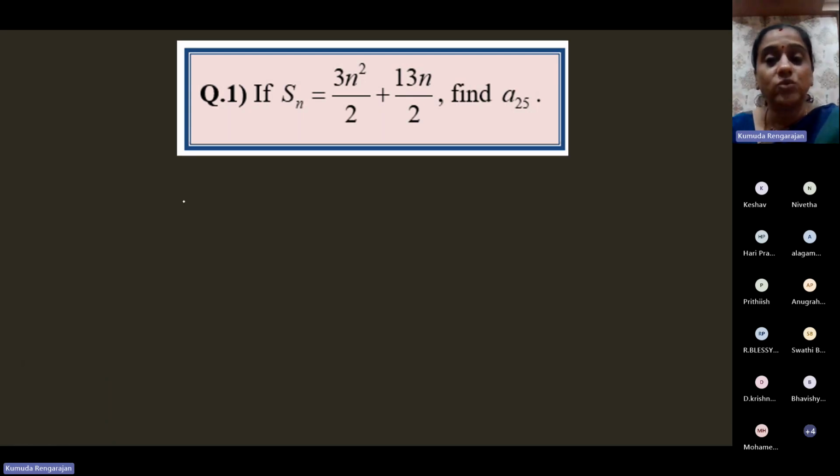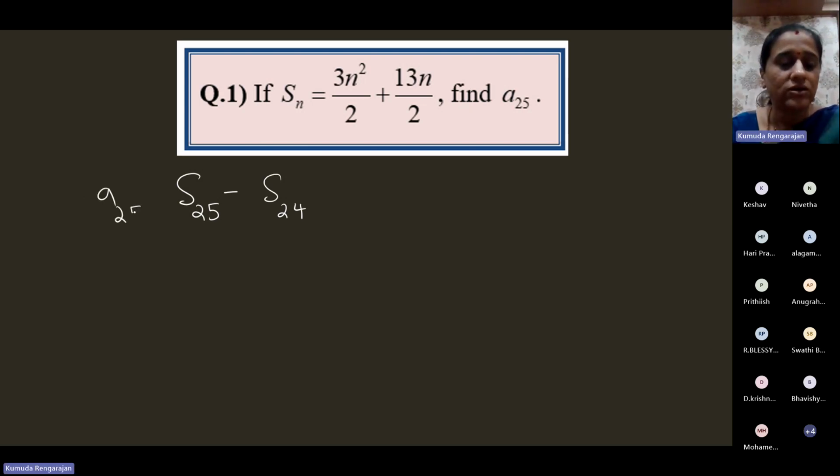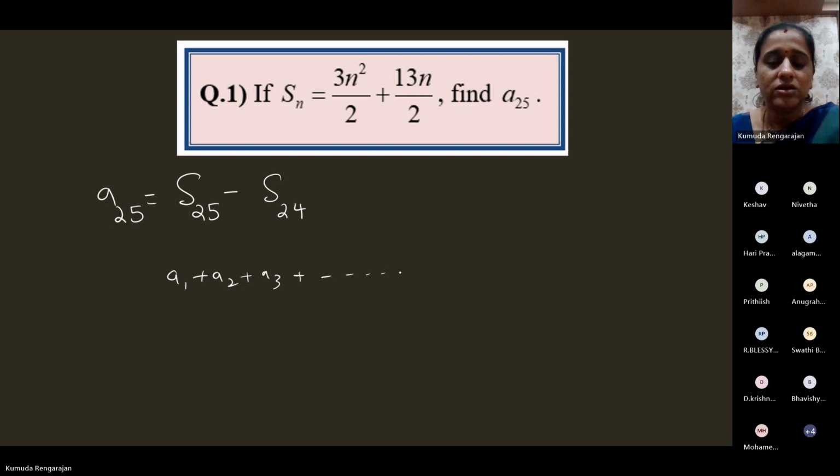Now, A25 is also S25 minus S24. Think about it. A25 is the 25th term. S25 is A1 plus A2 plus A3, and so on, up to A24 plus A25. Now, what is S24?